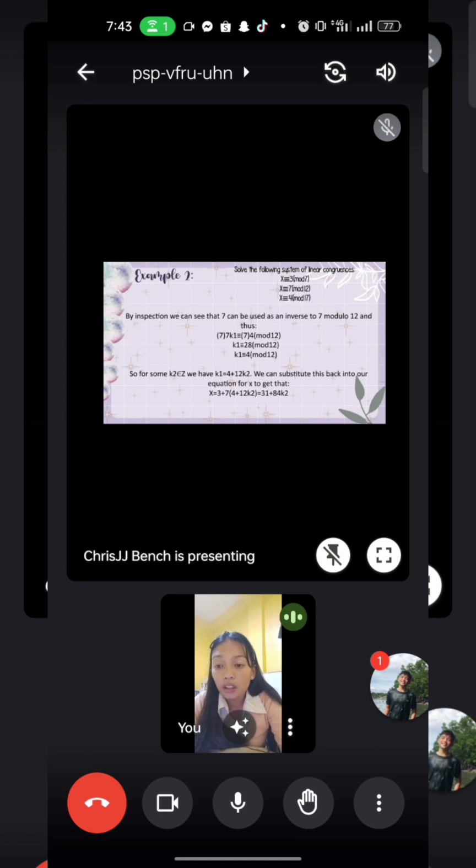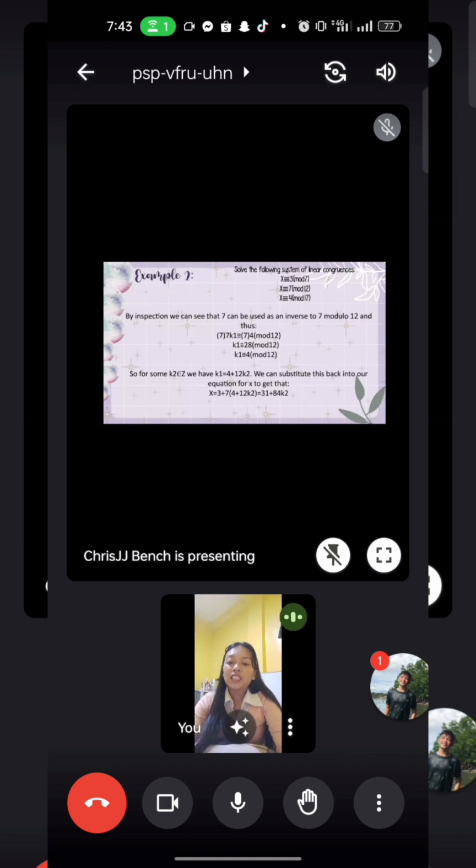Since all the constant numbers will be transposed to the right side, this will give us k1 is congruent to 28 mod 12, and k1 is congruent to 4 mod 12. And for some k2 belonging to Z, we have k1 is equal to 4 plus 12k2.